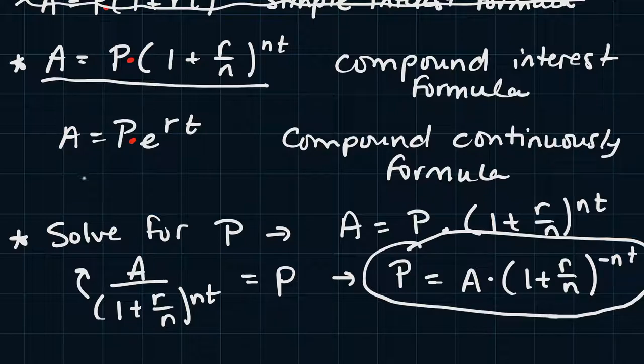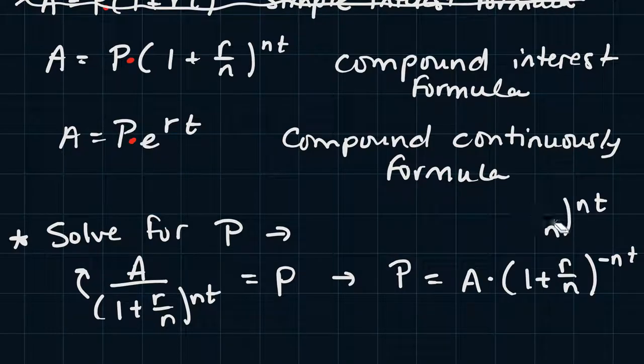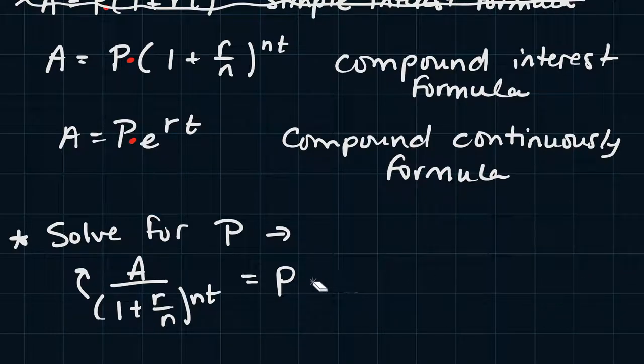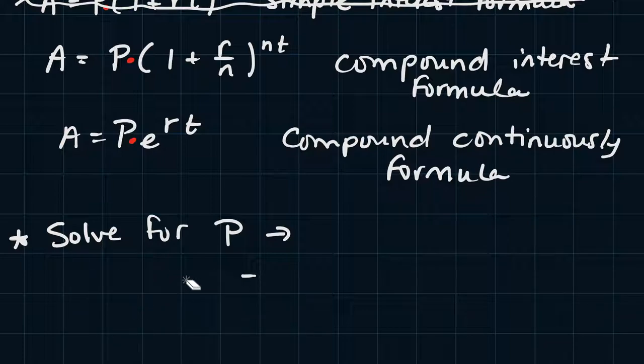Now let's do the same thing for this formula. So I'm going to erase this part. We're going to have the same instructions. We're going to solve for P, and we have A is P e to the rt. We're multiplying here.